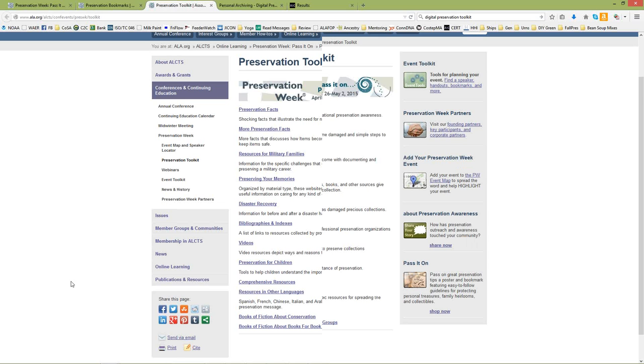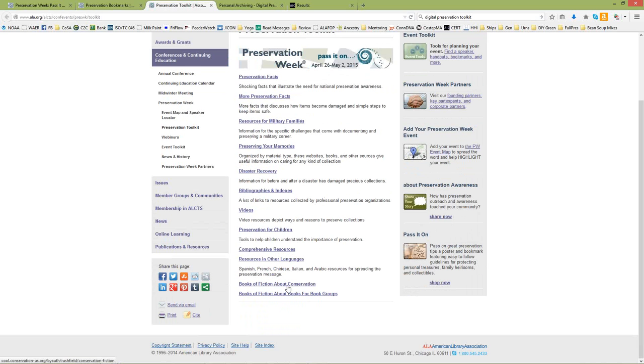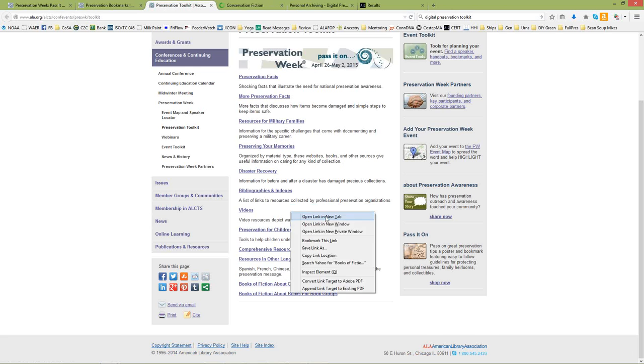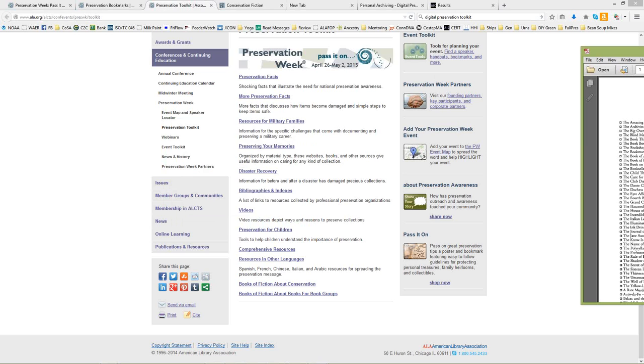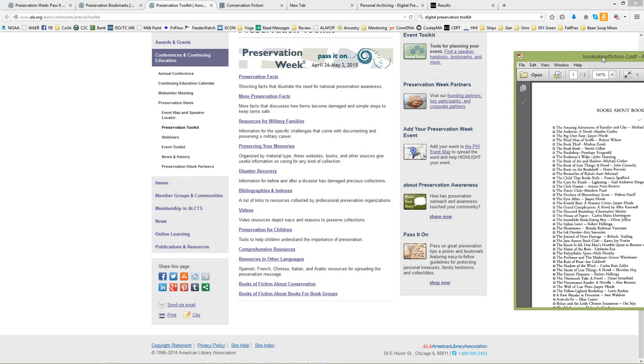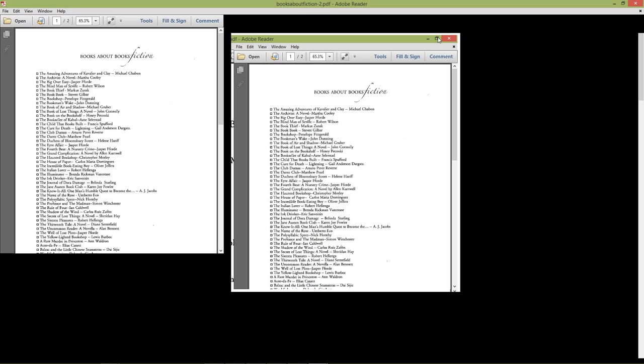We have lists of fiction about conservation in general. Oh, awesome. We also have books about books for book groups. It's not perfectly up to date, but we do have a list of some books, and this one is just books about books.